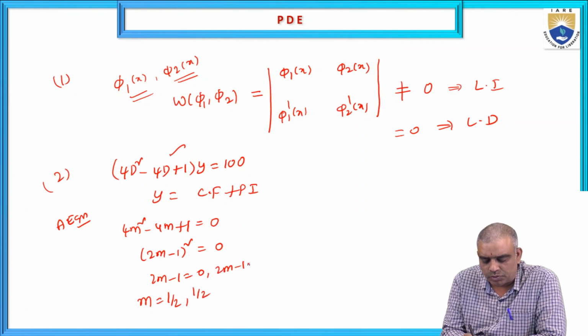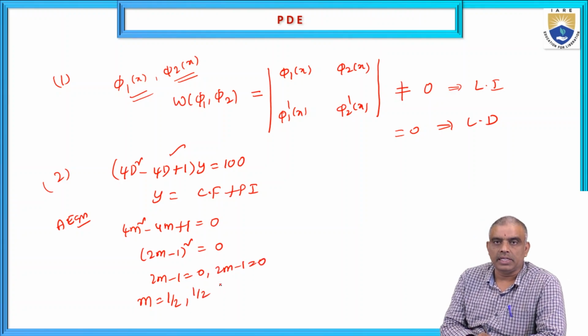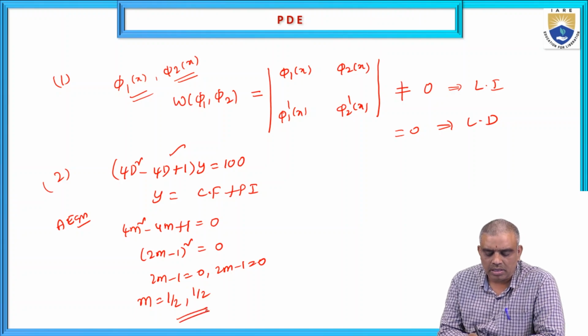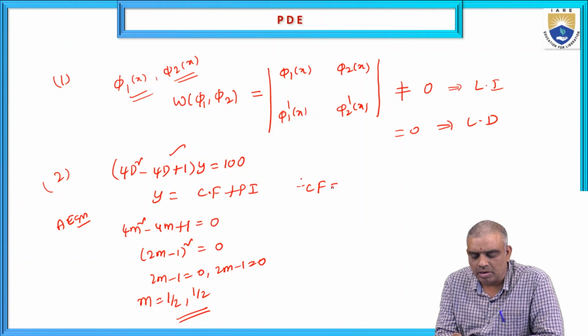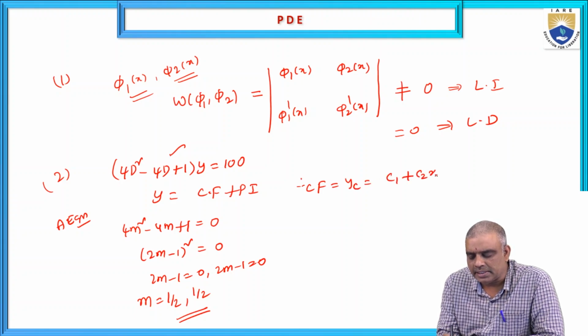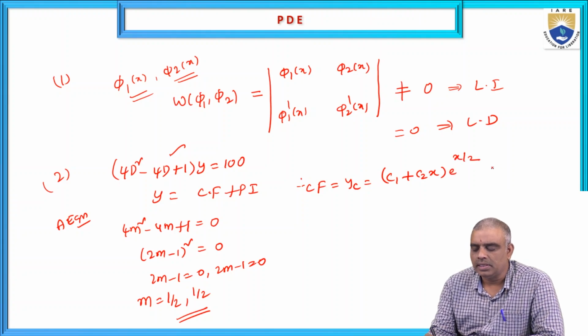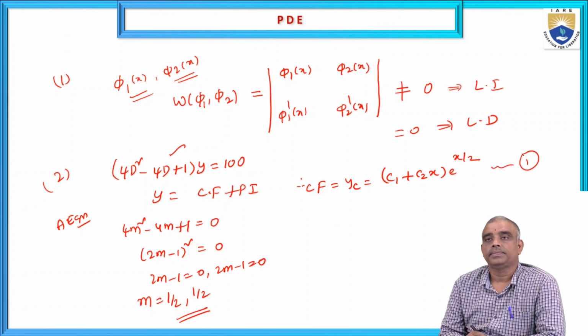There are two factors, 2m minus 1 is 0, 2m minus 1 is 0. The roots are real and equal. Therefore, the complementary function, which we denote by yc, is equal to (c1 plus c2x) of e power x by 2. That is the first part of the solution.